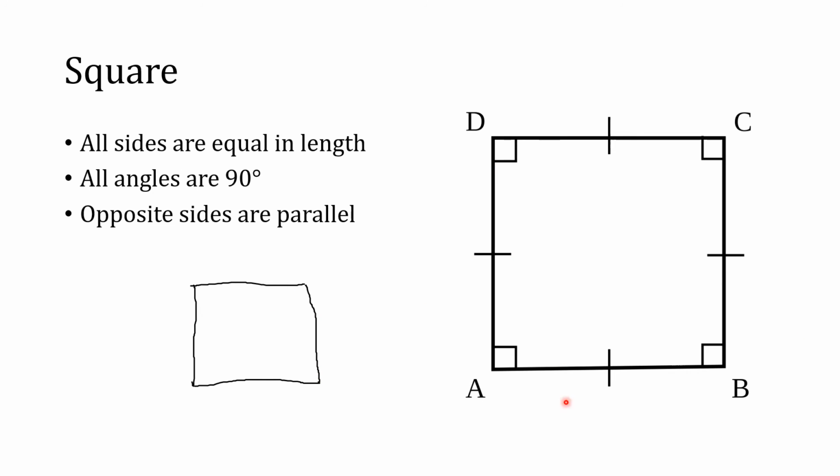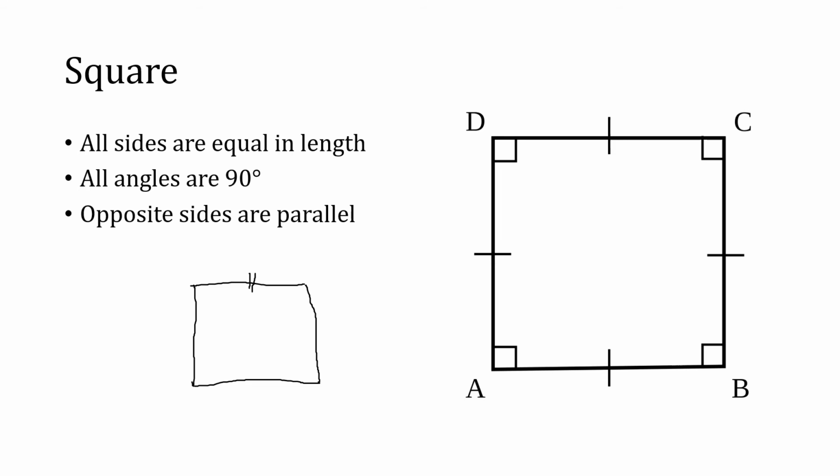So if we look at this square over here, we can use the tick marks and the symbols that we just studied to help us out. What are the criteria of a square? The first criterion is that all the sides have to be equal in length. Well, how do we communicate that? We communicate that with the tick marks. So we can see that all four sides have the same number of tick marks. It could be one, it could be two, so let me do it with two over here.